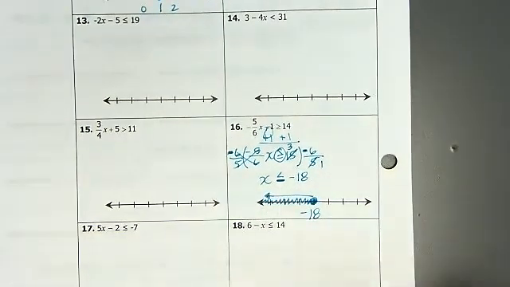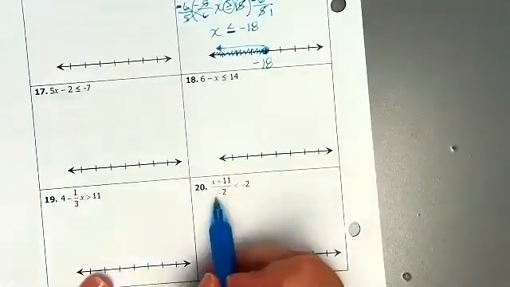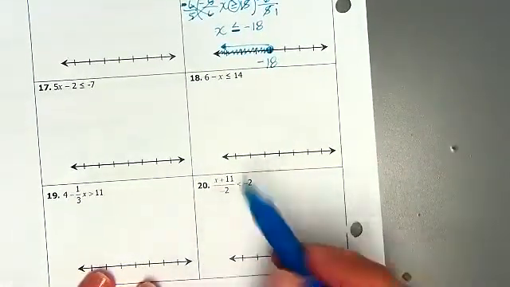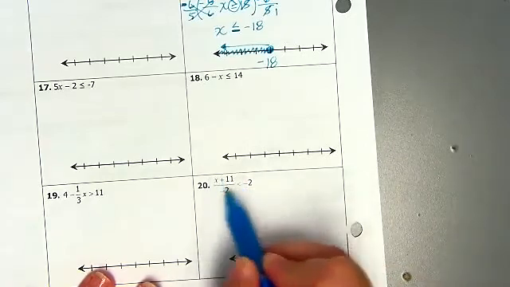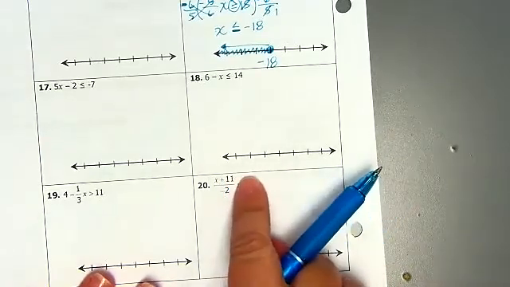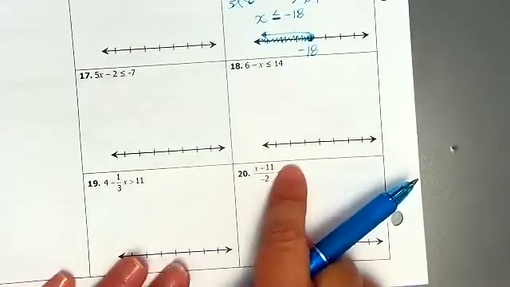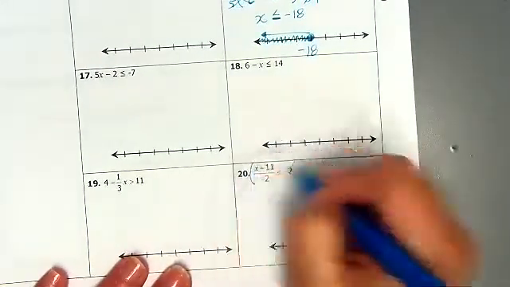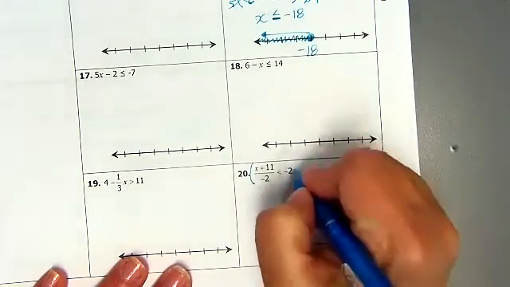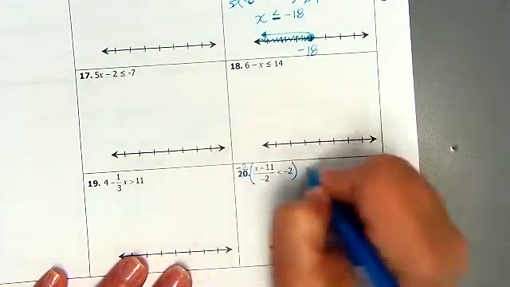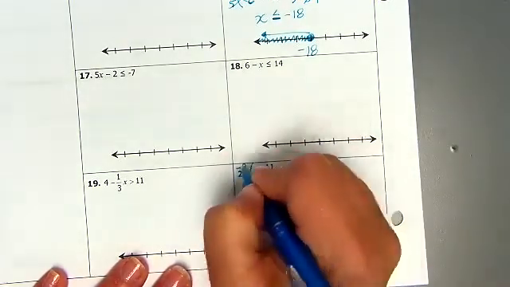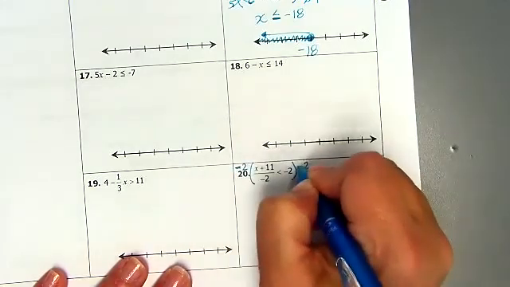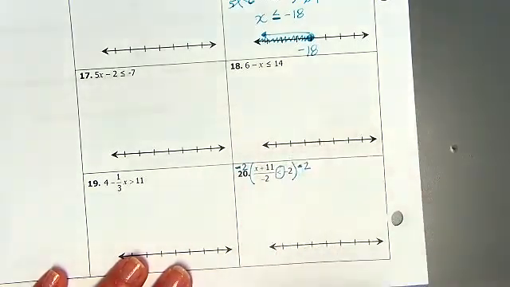All right, one more example. Oh, this one's a little different. What's farthest away from the x right now is the -2. So I'm going to have to multiply, because I'm dividing by the -2. I'm going to multiply by -2 to both sides. When I multiply by that -2 to both sides, I have to flip the inequality symbol.